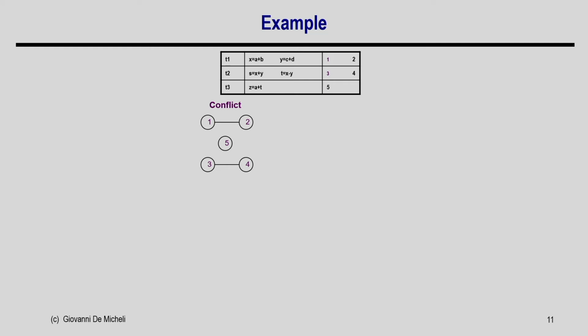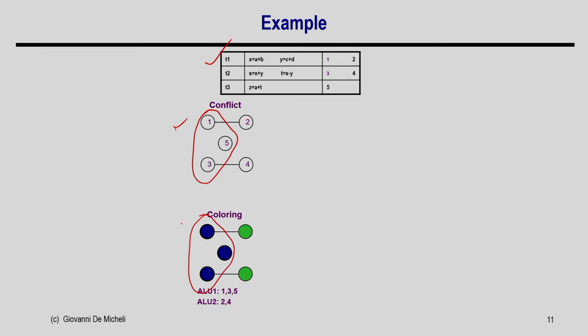So, let us take an example. Say I took the same example again, and this is my complete graph that we have already drawn earlier, and this is the coloring, right. So, what I am doing here, say these 3 nodes, this 1, 3 and 5, they form an independent set, a maximal independent set, because there is no edge between 1, 3 and 5, and I can put them the same color, say blue, and this 2 and 4 is another independent set where there is no edge between them, and I put the same color to them.